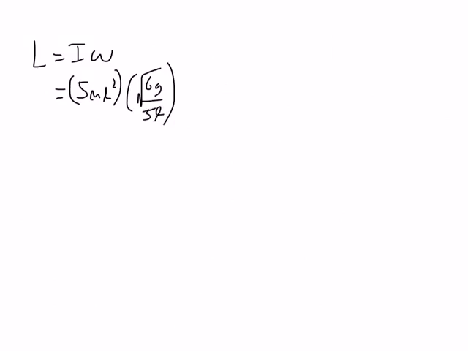Now, and this is a fast step, because we know from the equation sheet L equals I omega, and our object is rotating about an axis of symmetry, the center of the rod. So I is 5mL squared, times omega, the square root of 6g over 5L.